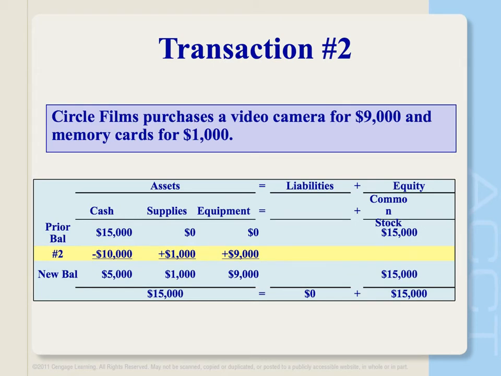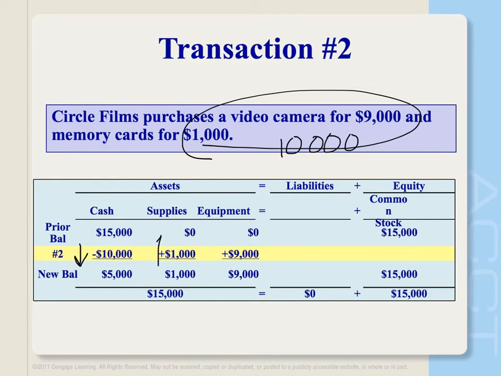Transaction 2 says Circle Films purchased a video camera for $9,000 and memory cards for $1,000. So the total amount of our transaction is $10,000. And you can see here we decreased cash by 10. We then added 1,000 to supplies and 9,000 to equipment. We didn't do anything on this side of the equation.